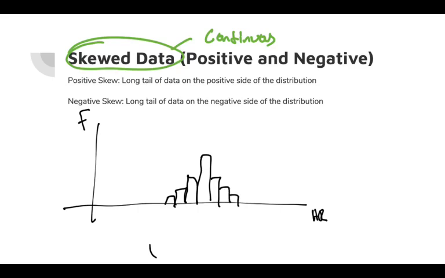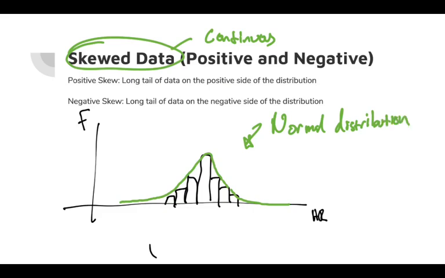Well, if this is your histogram, I can fit a distribution around this. Something that maybe looks like this. It goes up and then it curves down. This is what we would call a normal distribution. And there are rules that determine if a distribution is perfectly normal or not, or if it's just a bell curve.